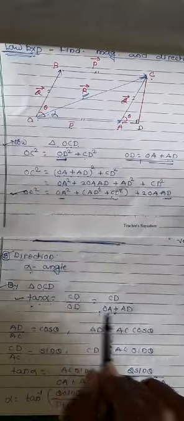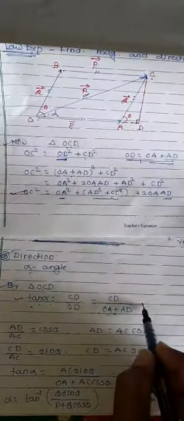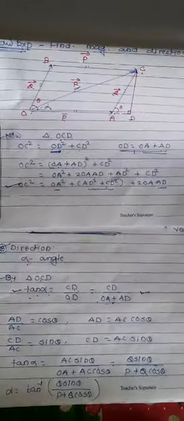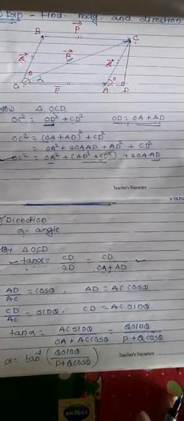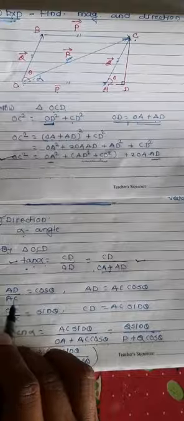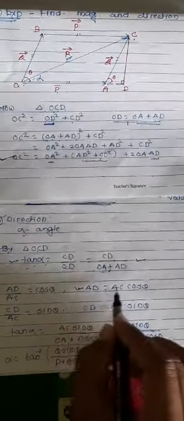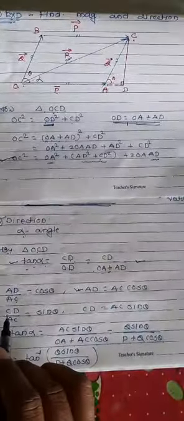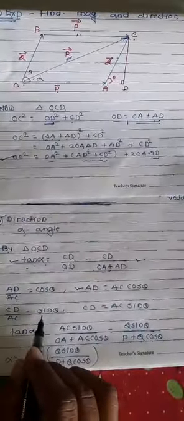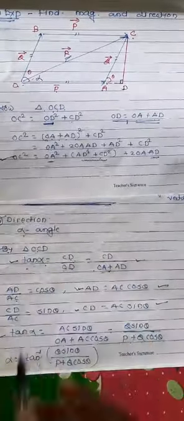But OD is equal to OA plus AD. Now see here. Within this triangle, AD upon AC is equal to cos of theta, then AD becomes AC cos of theta. Again CD upon AC is equal to sin of theta, so CD becomes AC sin of theta. Then substitute all these values in this equation.